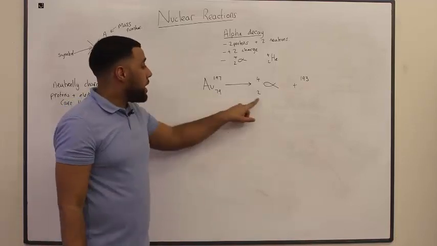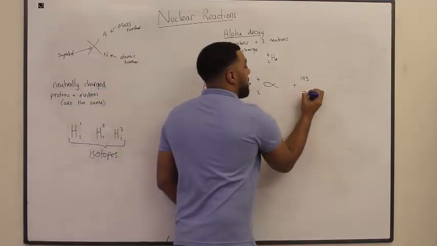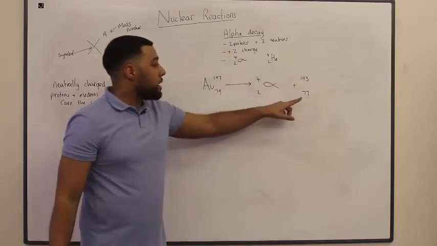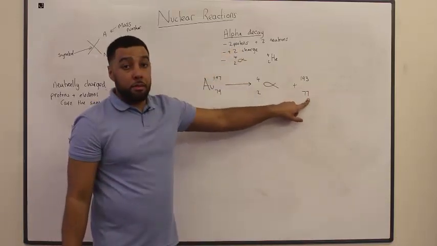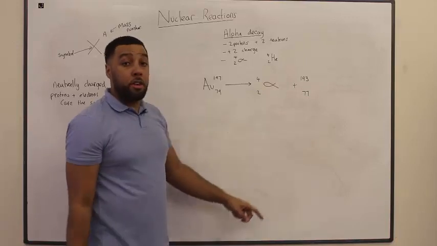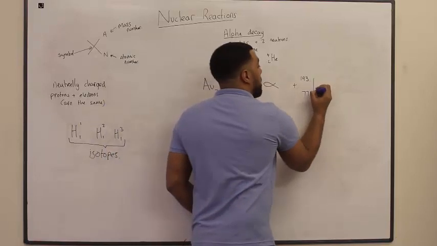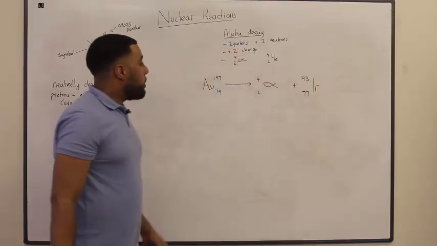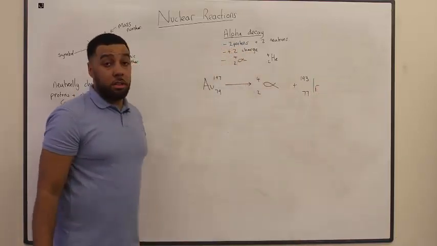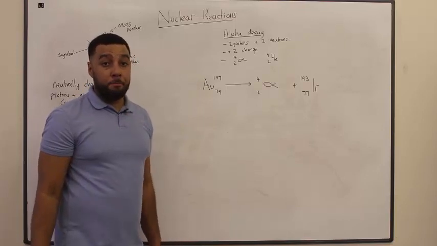And if I do 79 take away 2, that gives me an atomic number of 77. I would use my periodic table to find the element using the atomic number, and that would complete my alpha decay.